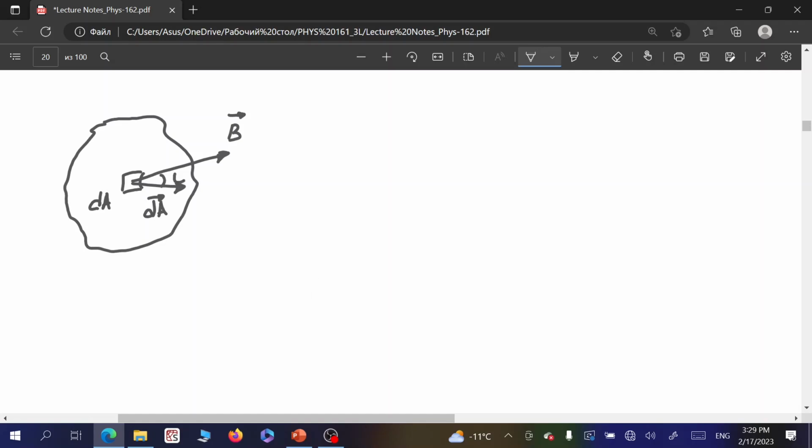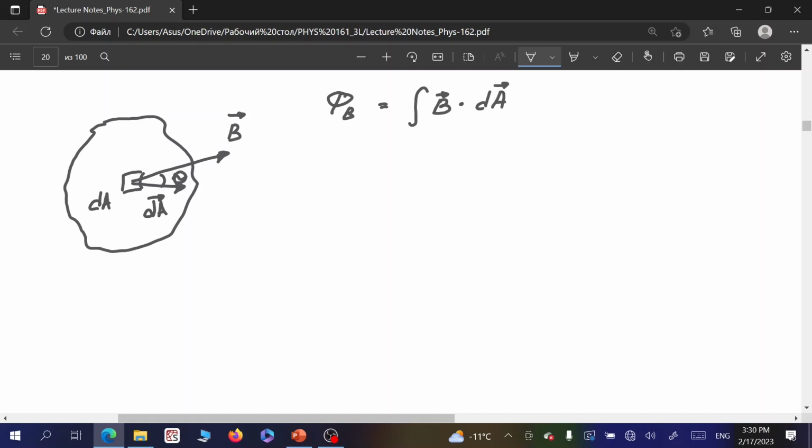So here we have some angle theta between these two vectors. So dA vector, that is orientation defined by the normal unit vector to the surface element, and magnitude defined by its area. So now, if we want to introduce magnetic field flux, FB will be equal to integral of B vector dot product dA vector.